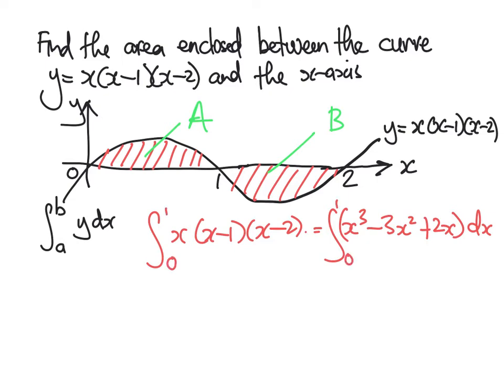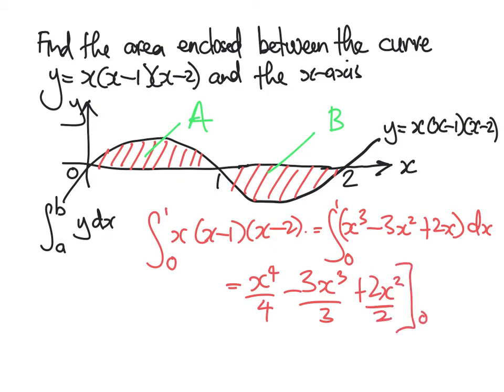So let's solve this. When I integrate, I'll get x to the power of 4 over 4 minus 3x cube over 3 plus 2x square over 2, and the limit is between 0 to 1. Now let's sub our values. 1 to the power of 4 is just 1 over 4, minus 3 over 3, which is gone, so that leaves us with just 1.